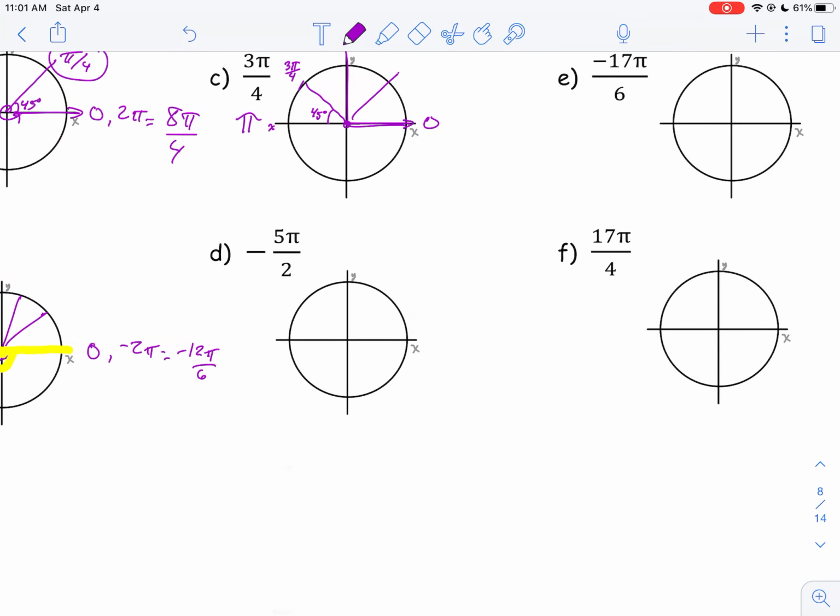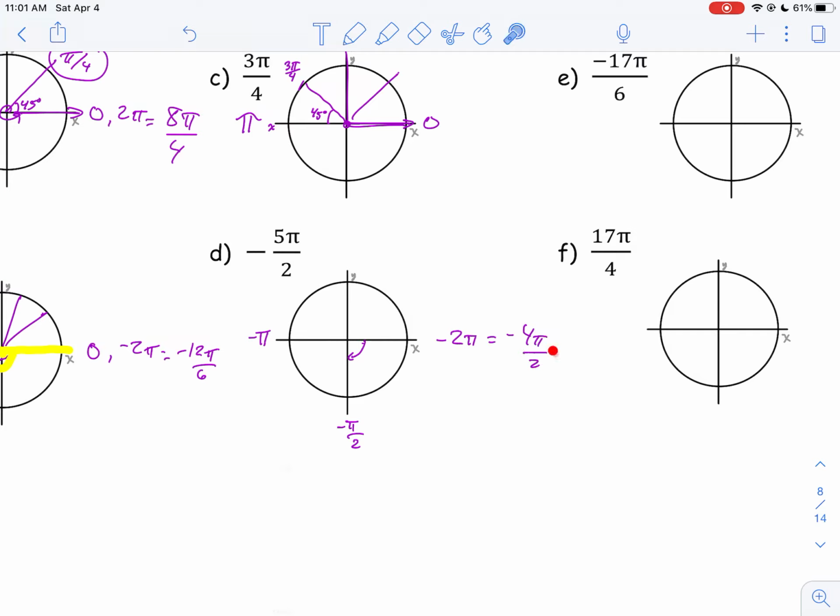Look at D. Negative 5 pi over 2. Again, negative tells me I'm going backwards. This is negative pi over 2. If I keep going, this is negative pi. And I could keep counting if I wanted to. I know that this is going to be negative 2 pi, which is negative 4 pi over 2.